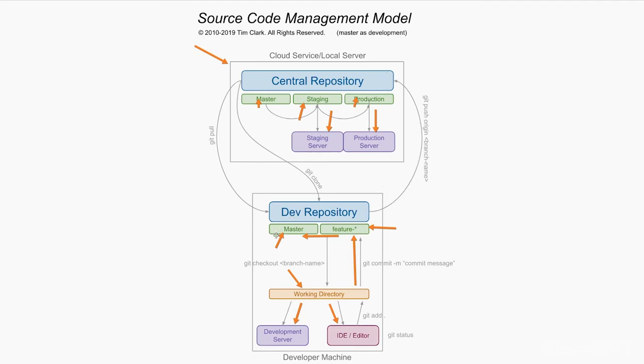And what it'll do is it'll push all of your changes to master, as well as any changes or new branches you created up to the central repository, and it'll become part of the full history of the repository.